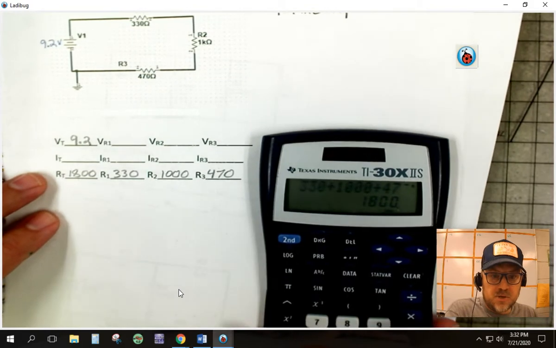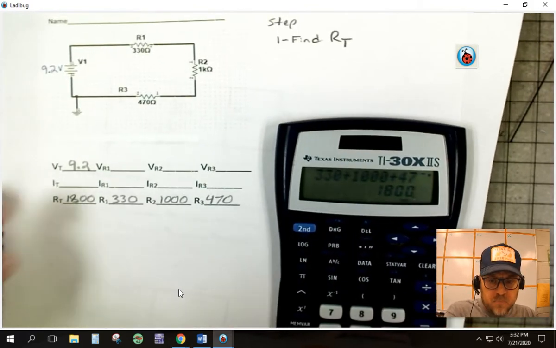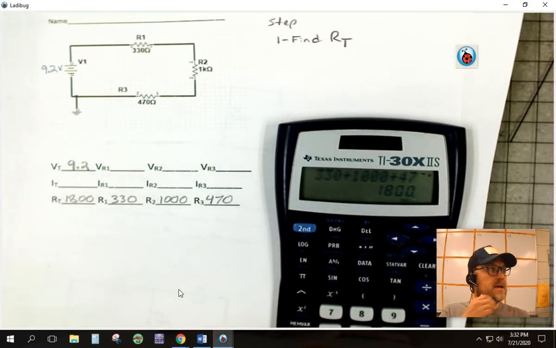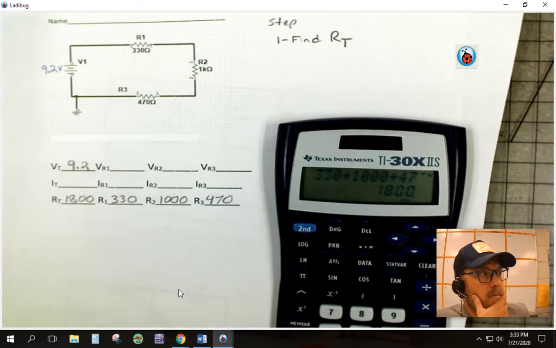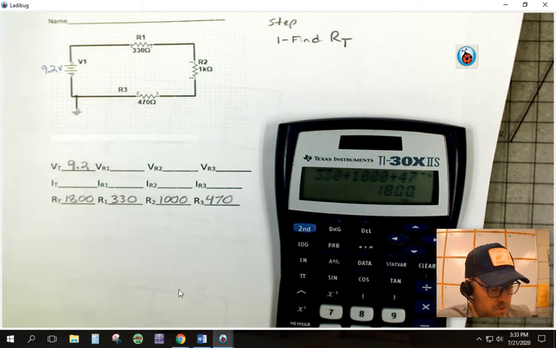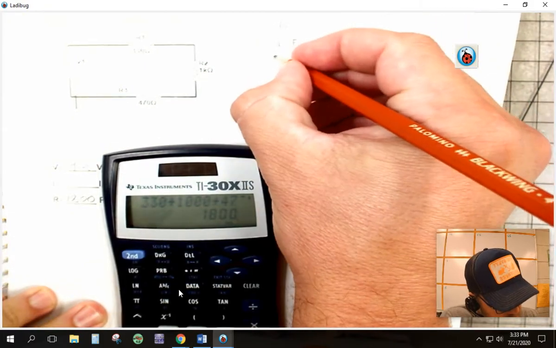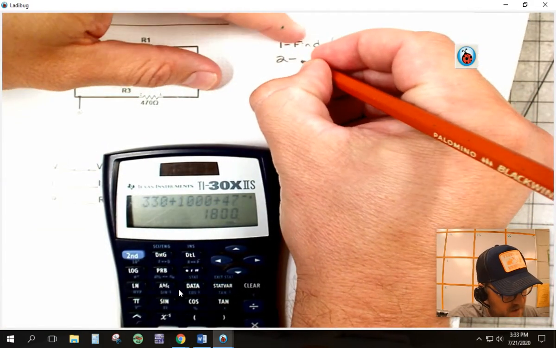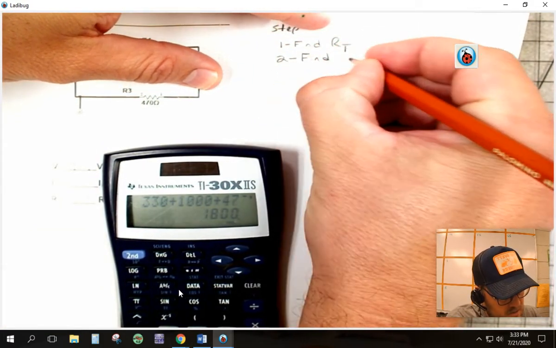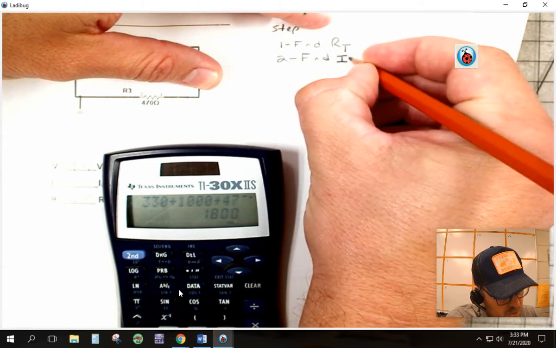Now once I do that, what can I do? I can use Ohm's law to find the current total. So step two is going to be find the current total.